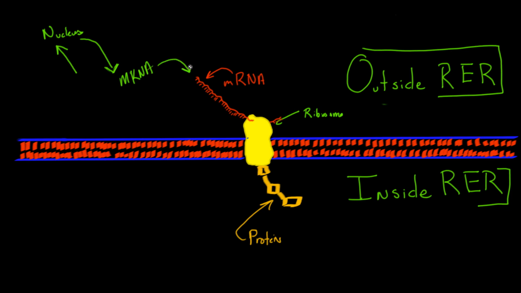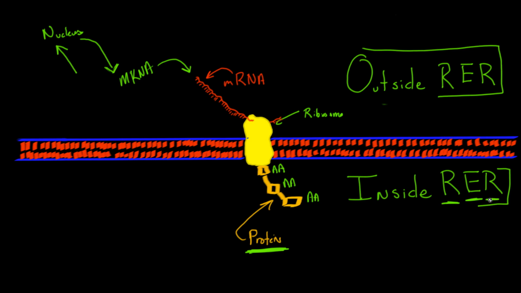And notice what's happening. The mRNA is interacting with this ribosome. And as it interacts with the ribosome on the outside, it is producing a strand of protein. And these are, remember from previous discussions, each amino acids. It is making a strand of amino acids inside of our rough endoplasmic reticulum.